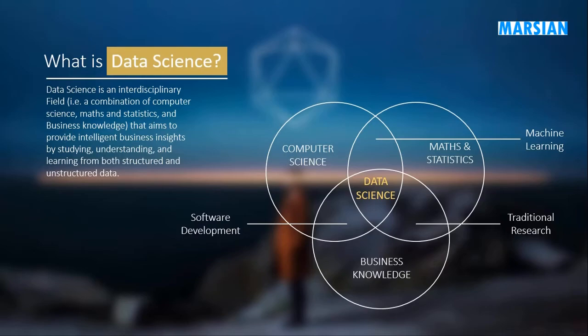By definition, data science is an interdisciplinary field that aims to provide intelligent business insights by studying, understanding, and learning from both structured as well as unstructured data. Quite a mouthful, but let me ease it down for you. Basically, a data scientist is a person who is better at statistics than any software engineer and better at software engineering than any statistician or mathematician.